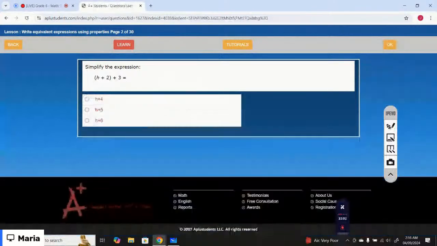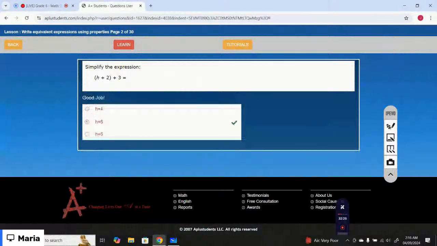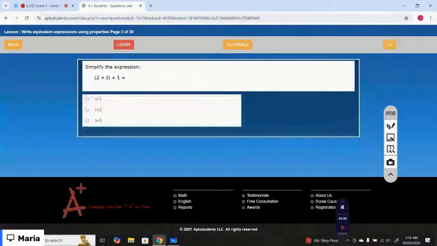Okay, the next one is simplify the expression h plus 2 plus 3. Which is the correct option? That is h plus 5. Option number 2 is the correct option. Next, simplify the expression 2 plus t plus 1.